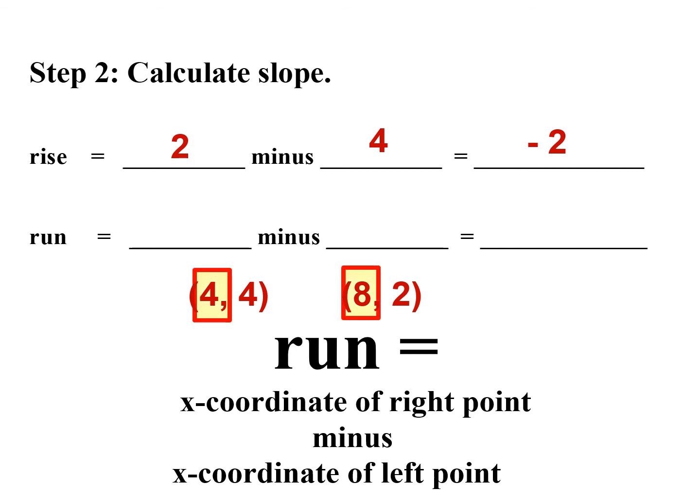And these are their x-coordinates. So here, the run is equal to 8 minus 4, which is equal to 4. So now we have the rise is negative 2 and the run is 4.